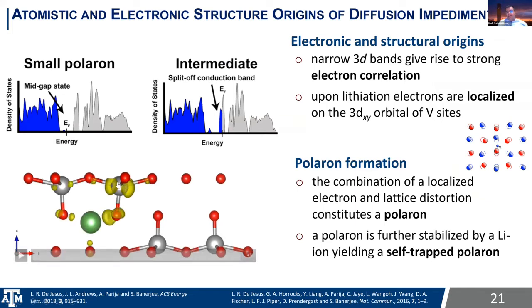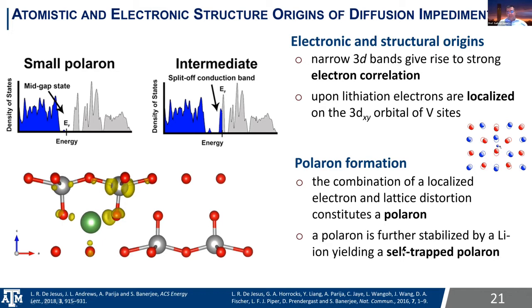So the lattice and the electron that's in it has stabilized and gives you a small polaron, and that small polaron can then trap lithium ions, and essentially you have a self-trapped polaron, right? So the combination of a localized electron and a lattice distortion is a polaron, and the polaron then traps a lithium ion yielding a self-trapped polaron.